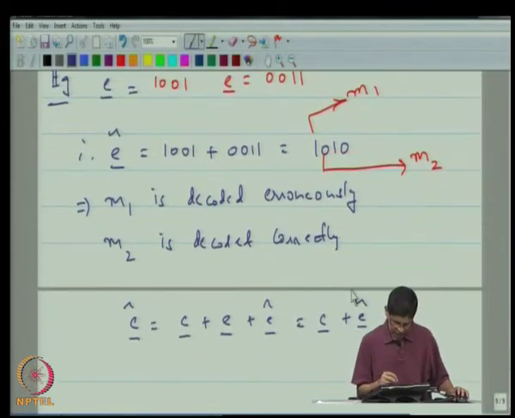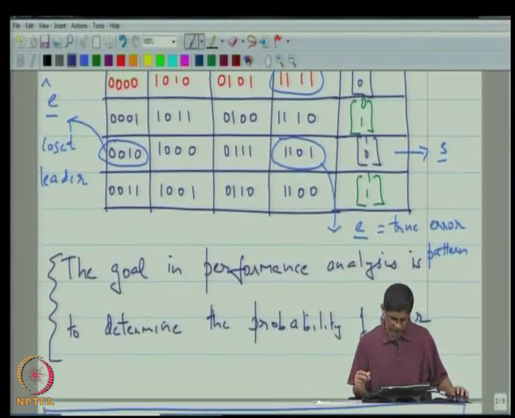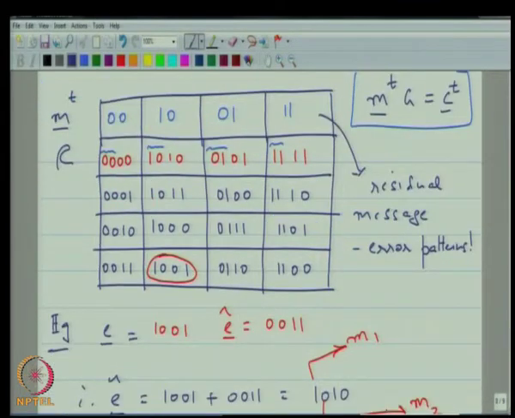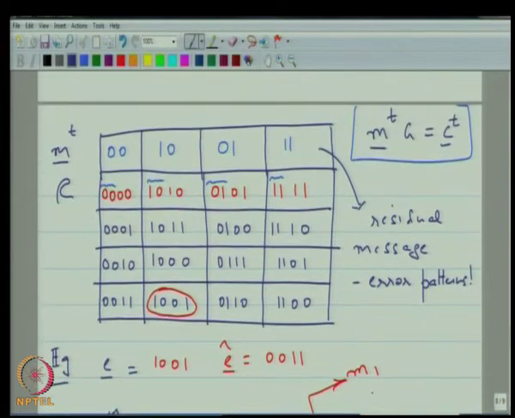So, once you have this, now if I go back to this and I ask you what is the probability that, let us say, the first message bit is an error, but not the second.